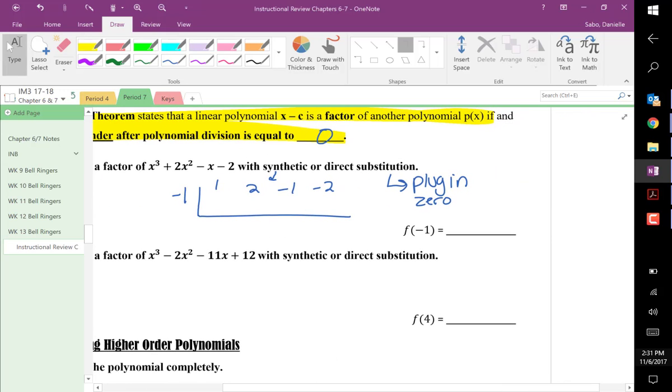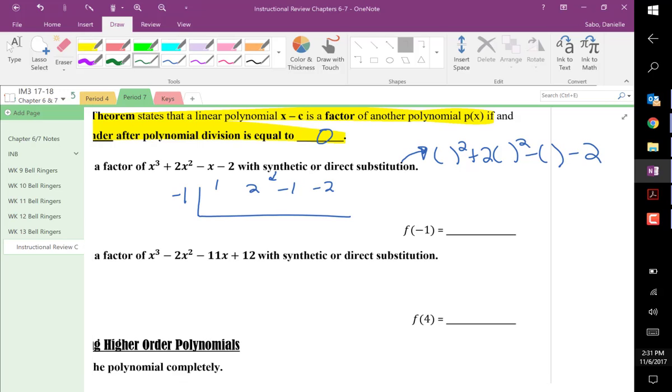If I were going to plug it in for substitution, I'm taking every x I see and plugging in a -1. I'm going to take this -1 and plug it in wherever I saw an x.